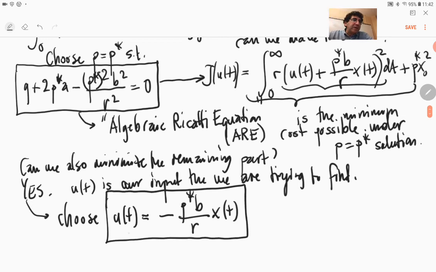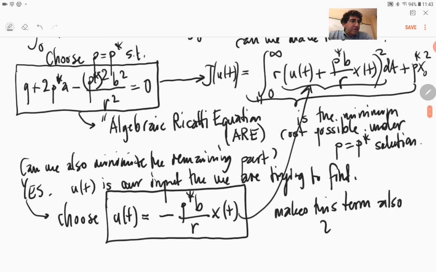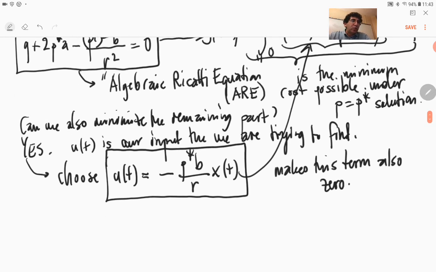That choice of the input makes this term also 0. And we can do that because we are free to choose U. Note that the particular choice of u of t is in fact a state feedback, a negative state feedback.